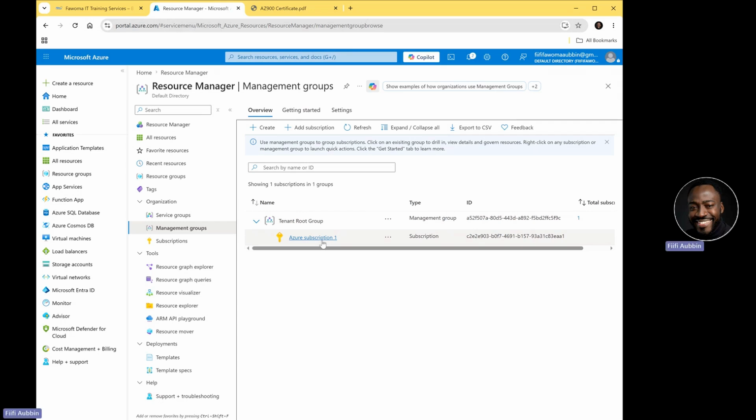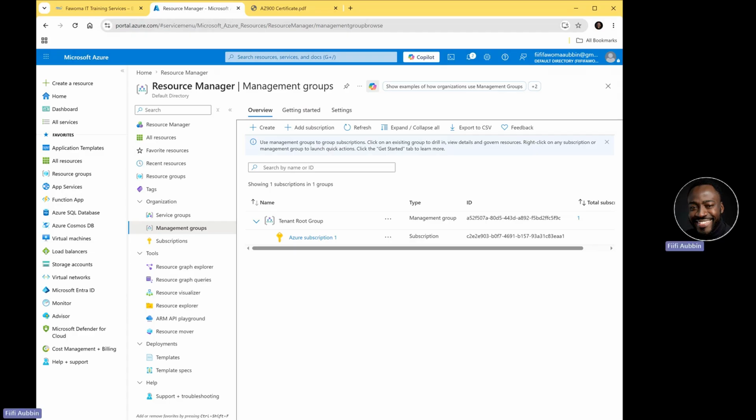Large organizations, however, may have dozens or even hundreds of subscriptions. So instead of managing each subscription individually, Microsoft allows administrators to organize them inside management groups. I want you to think of a management group as the parent folder that can contain multiple Azure subscriptions. This makes it much easier for organizations to apply governance, security policies, permissions, and compliance settings consistently across many subscriptions.